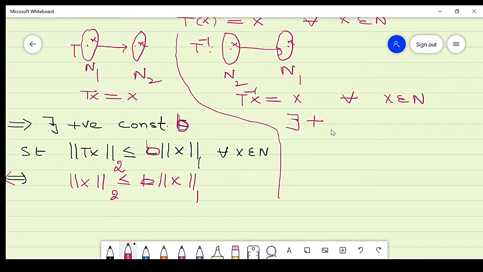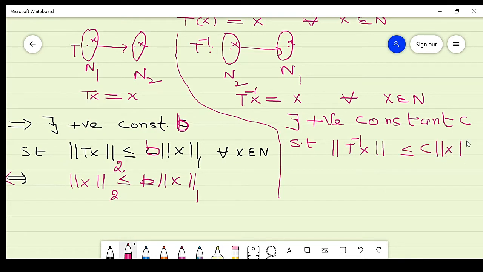So again we can use the same concept. There exists a positive constant C such that norm of T inverse x is less than or equal to C norm of x, right?